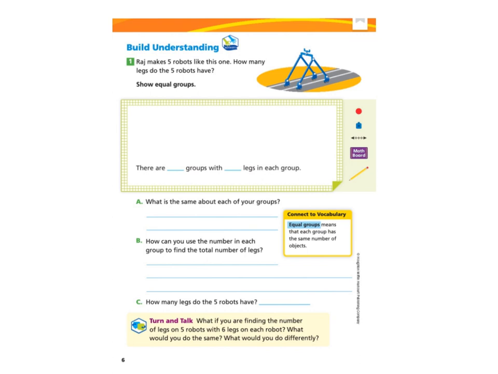So let's review. They want to find out how many legs do the 5 robots have. Well, I'm going to go over to my picture and I'm going to see that it has 1, 2, 3, 4 legs. Okay, so they want me to make 5 robots with 4 legs. So I'm going to go ahead and draw 5 robots with 4 legs.